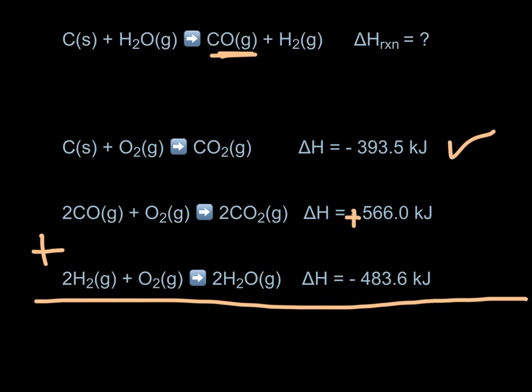There's another thing here. In our final reaction, we only have 1 mole of carbon monoxide. In this one, there are 2. So not only do we have to reverse it, we have to take this whole reaction, including the delta H, and cut it in half. Okay, so I'm going to rewrite this one because we won't be able to use this step as it is written.